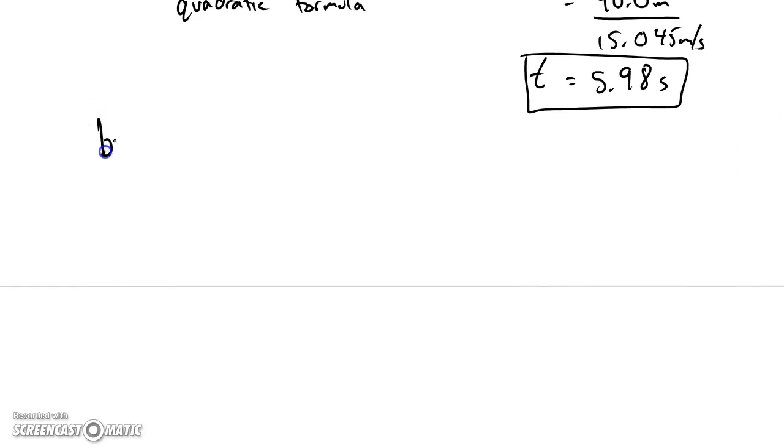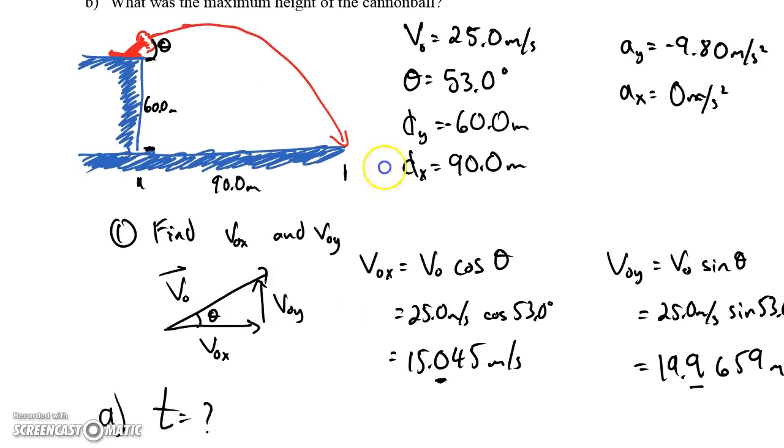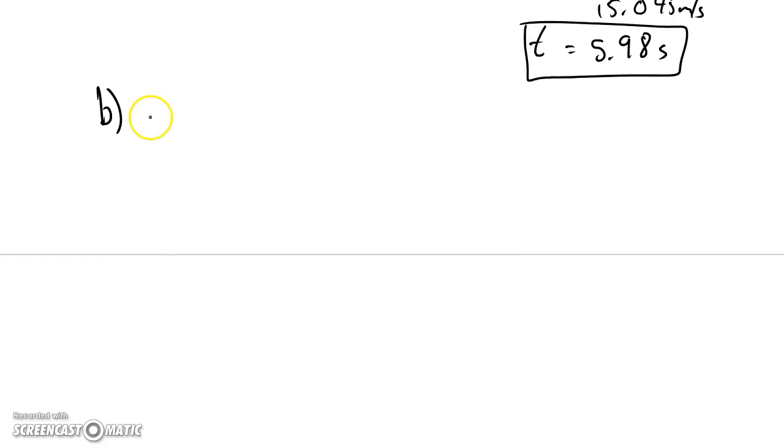And for B, we are looking again for the maximum height the cannonball reaches. So we are looking for dy max. Remember, vy at this point will be 0 meters per second, so we have to use that to our advantage. We want an equation with vy, v naught y, ay, and dy.